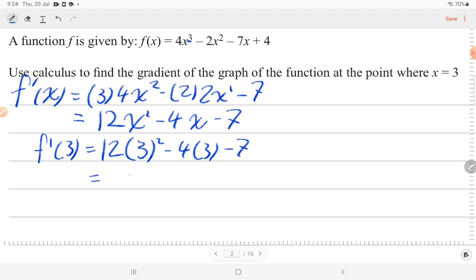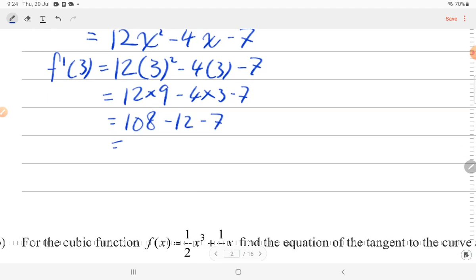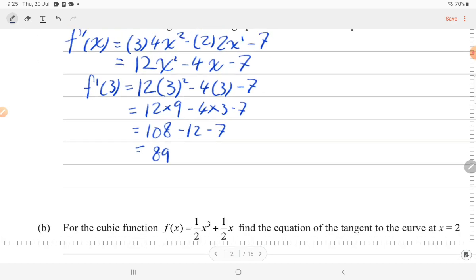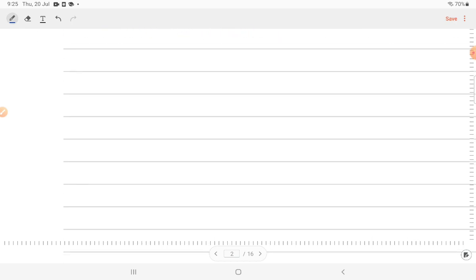This is equal to 12 times 9, take away 4 times 3, take away 7, which is equal to 108, take away 12, take away 7, which is equal to 89. By the way, you can just plug it into your calculator. That is completely fine as long as you do not skip too much of the key steps.